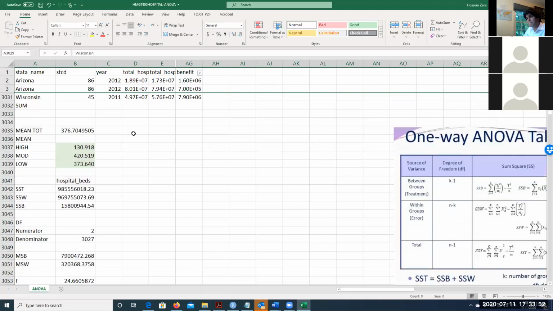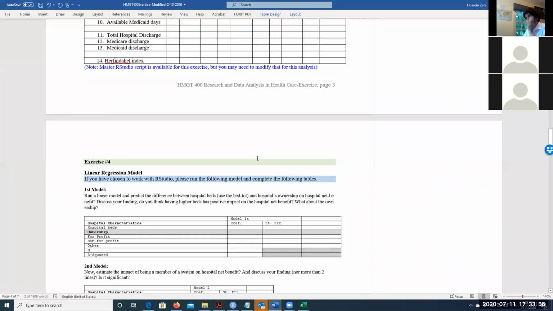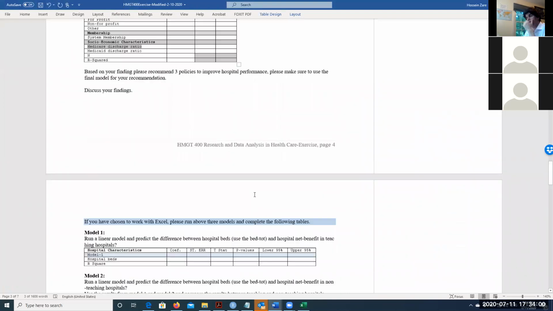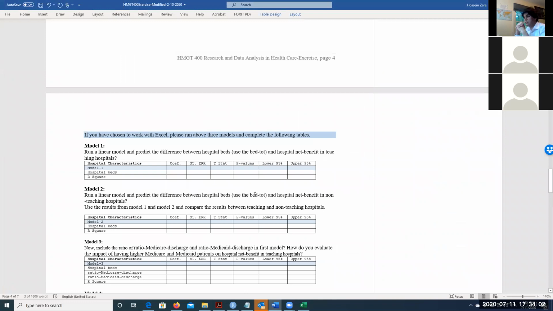Hide. And for exercise 4, for the Excel users, this is it. Run a linear model and predict the differences between hospital bed and hospital net benefit in teaching hospitals.